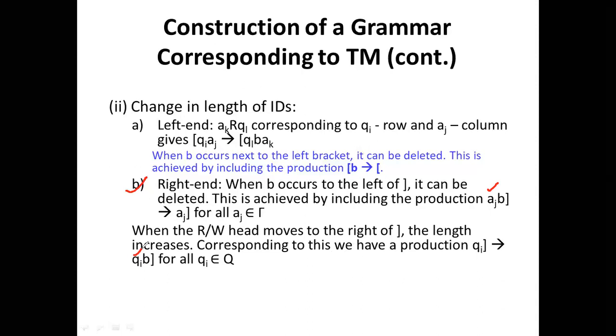When the head moves to the right of the right bracket, the length increases, and correspondingly we have the productions Q_i right bracket to Q_i B right bracket for all Q_i belonging to Q. So in the right end you have to check for the input symbols, any combination of input symbols, and any combination of states.